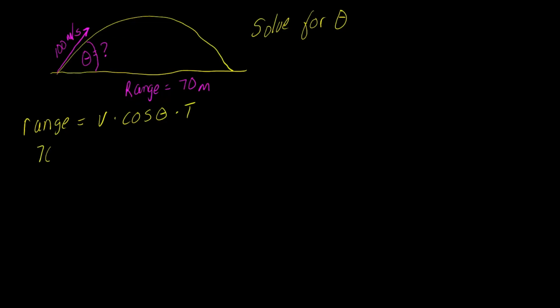So the range is 70. It's equal to 100 times the cosine of unknown angle theta times time, which is 2 times 100 times the sine of theta over 9.8.